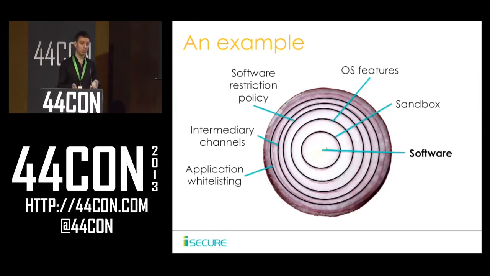So it's pretty good if we can widen the scope as we go along. And the further away from the core you get, the more generic and less software focused you're going to be.